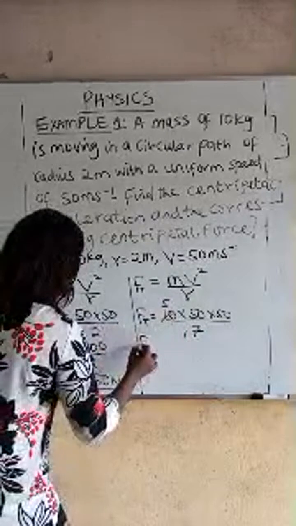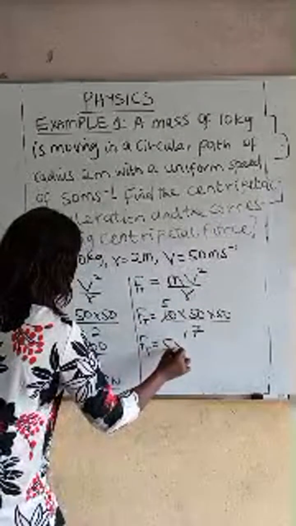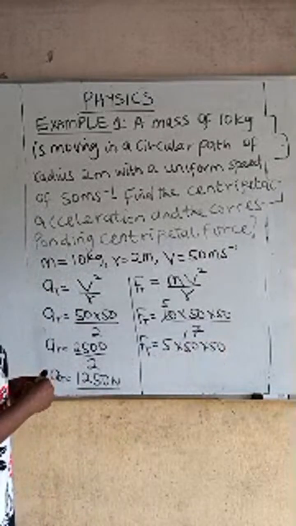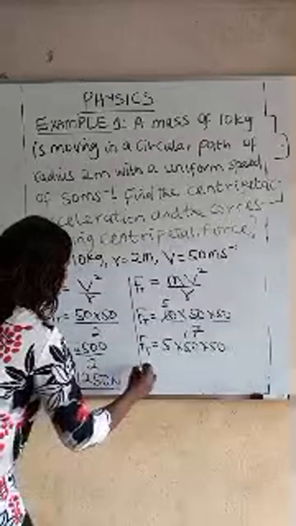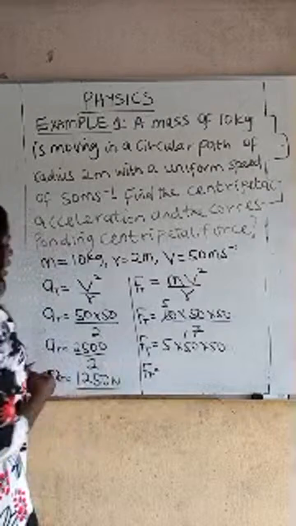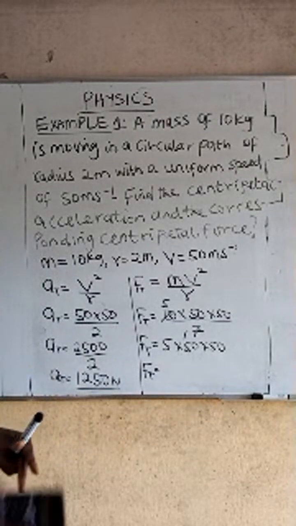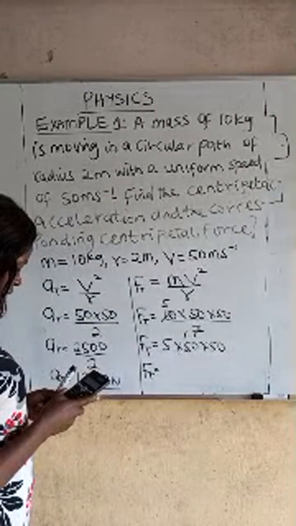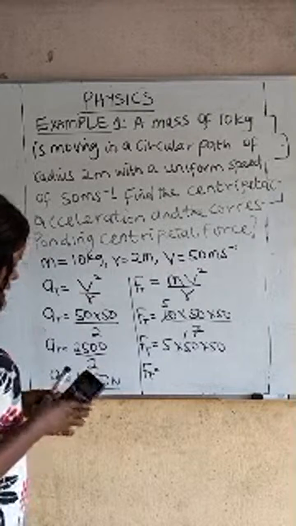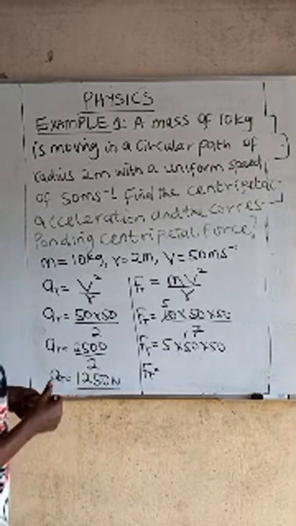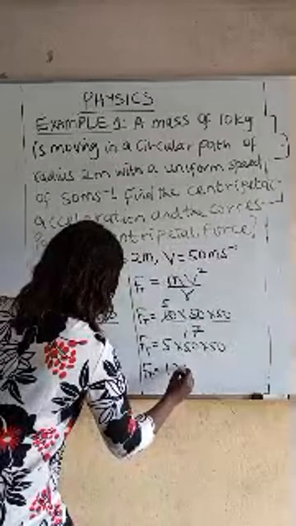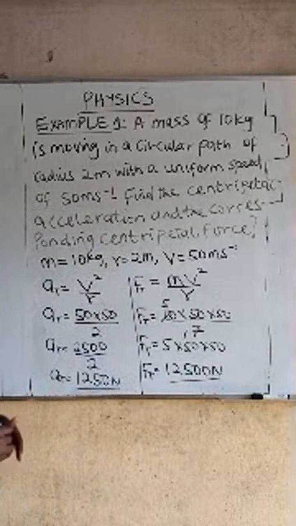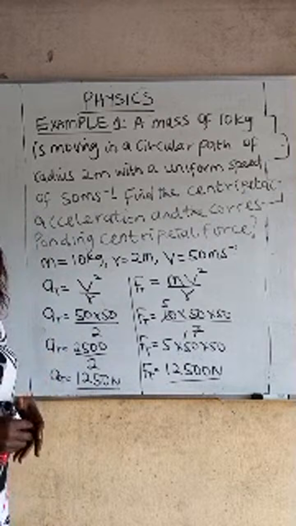So my F is equal to 5 times 50 times 50. Now we have to multiply. You can use your calculator: 5 times 50 times 50. The answer is 12,500 Newton.